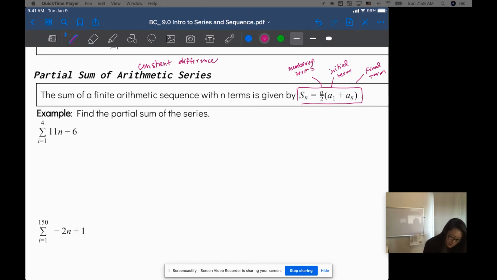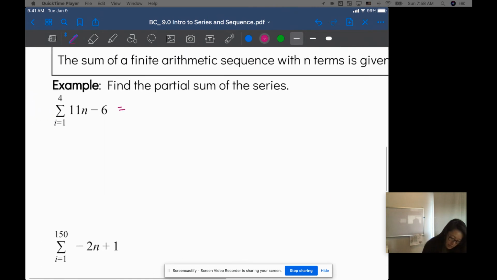So let's go ahead and do it the long way. We're going to expand first. So I have 11 times 1 minus 6 plus 11 times 2 minus 6 plus 11 times 3 minus 6 plus 11 times 4 minus 6.